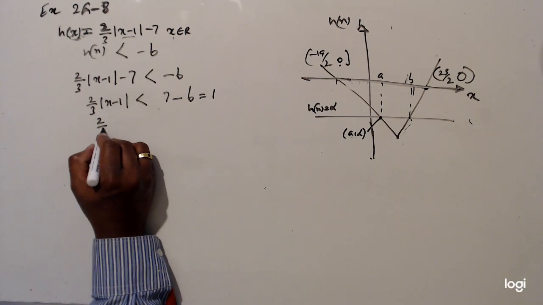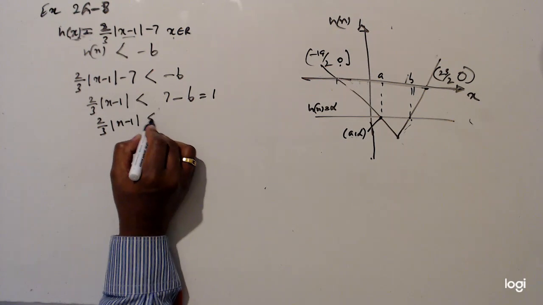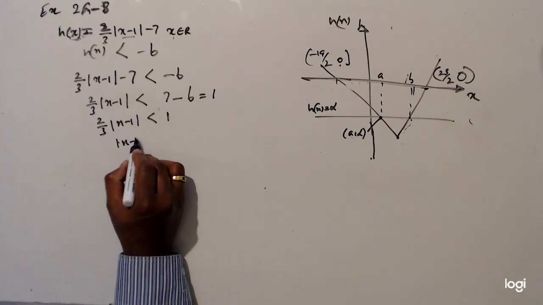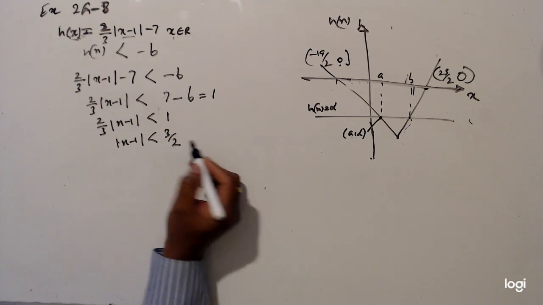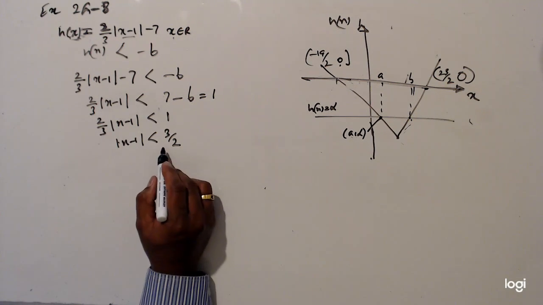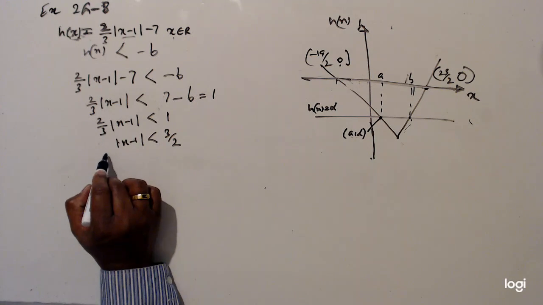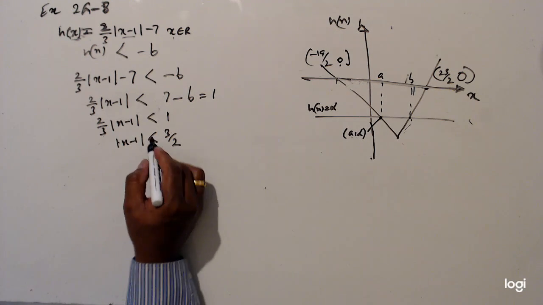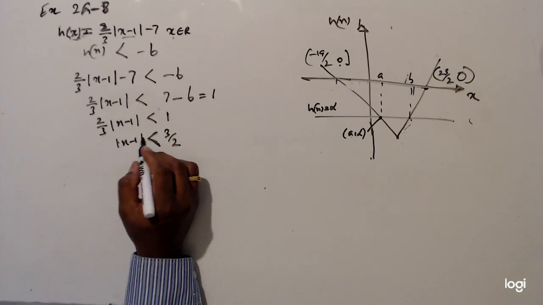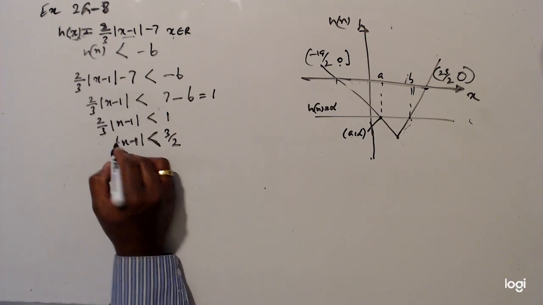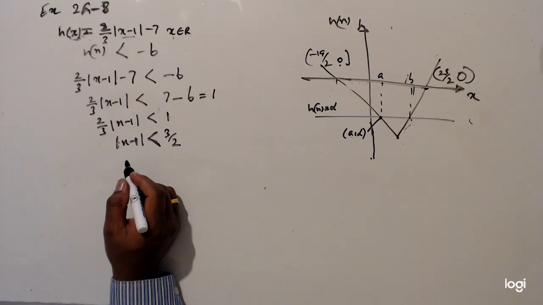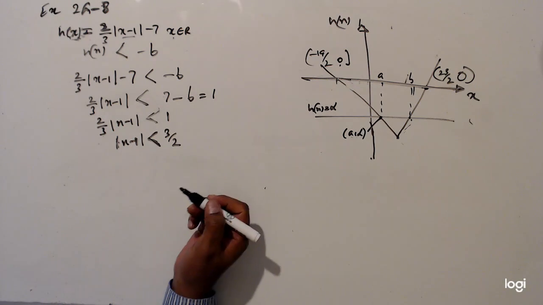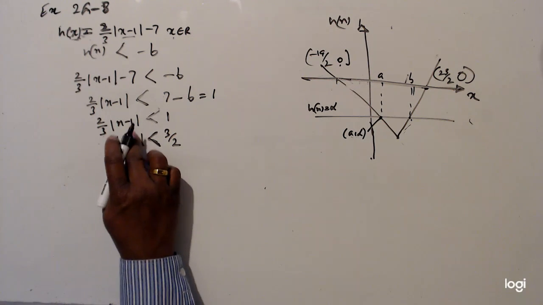It means |x minus 1| less than or equal to 3 over 2, 3 up, 2 down, because 2 over 3 is positive. I multiply by a positive value, so the inequality stays the same. It will only change if it's negative.